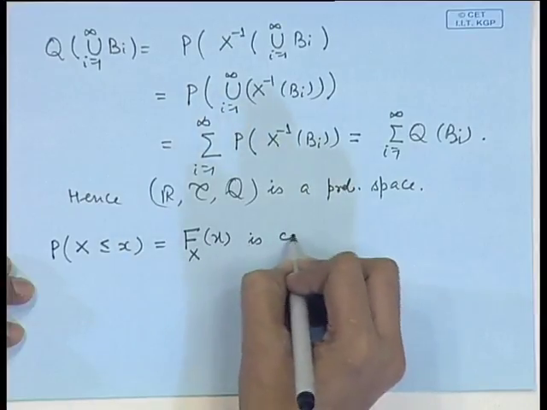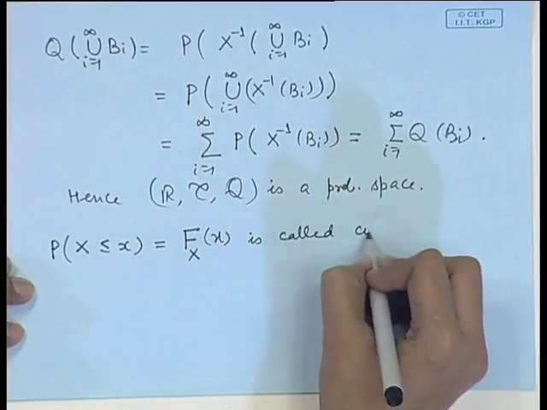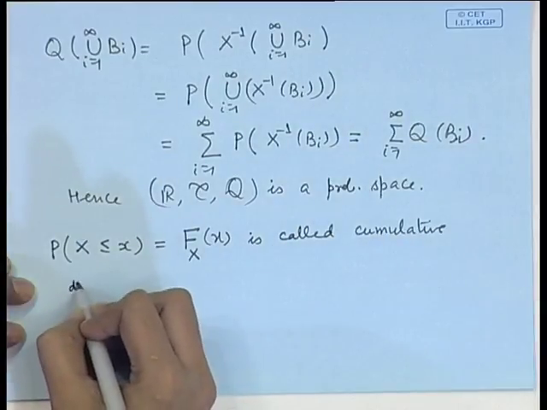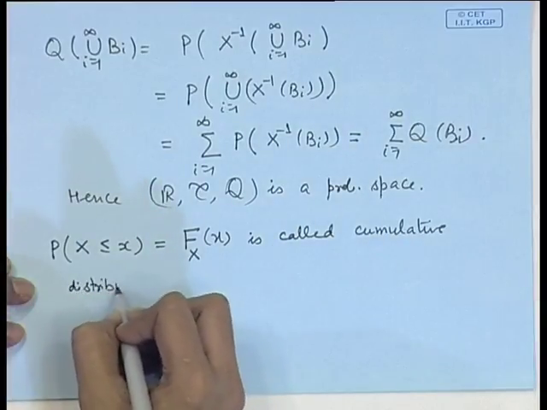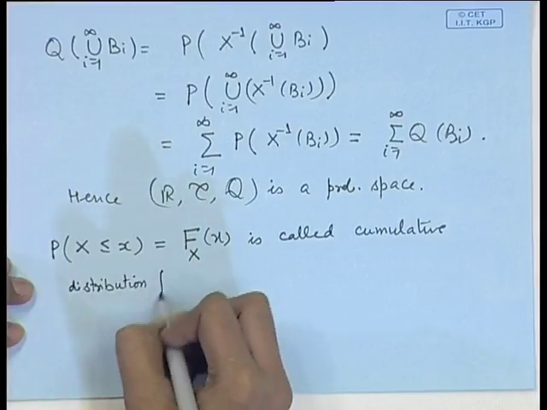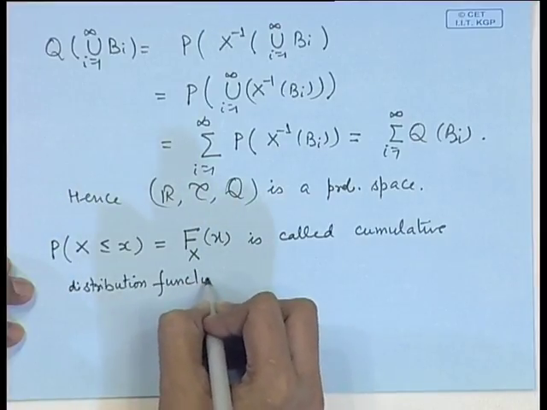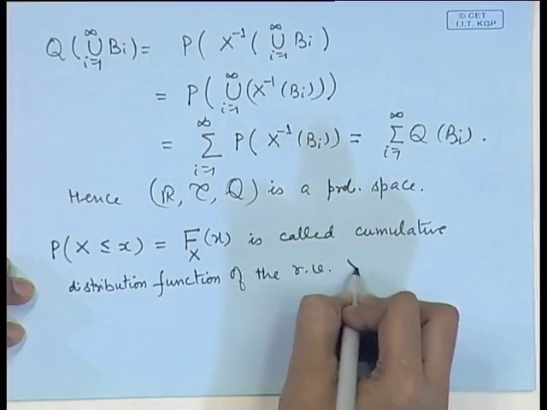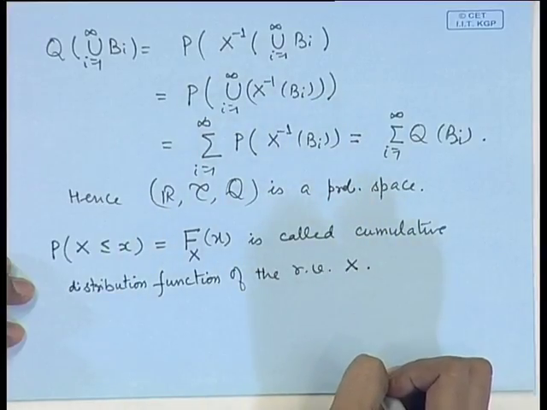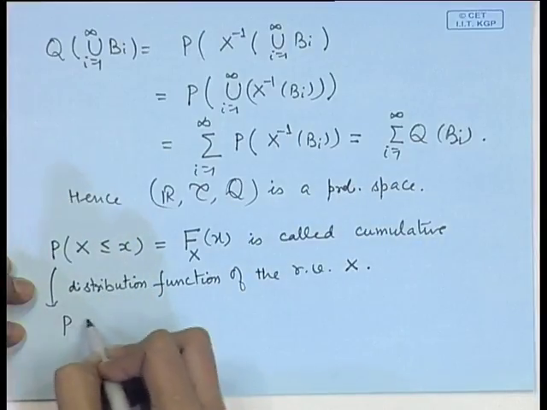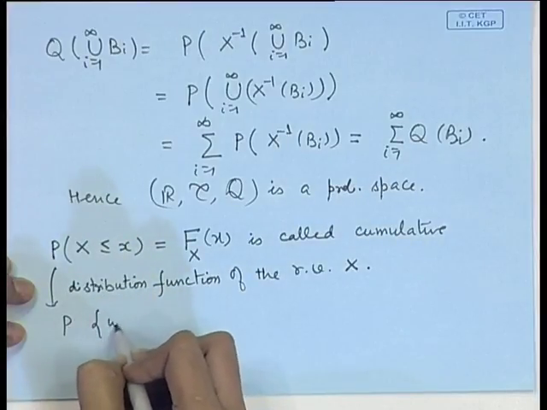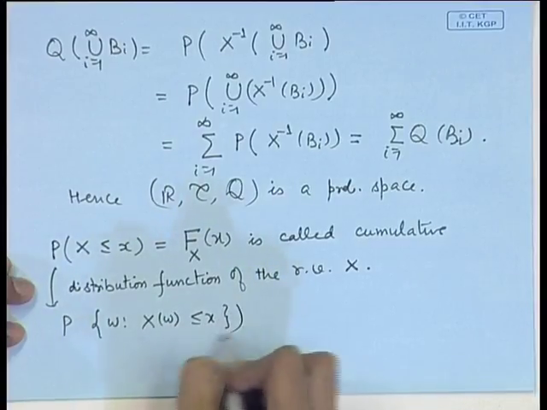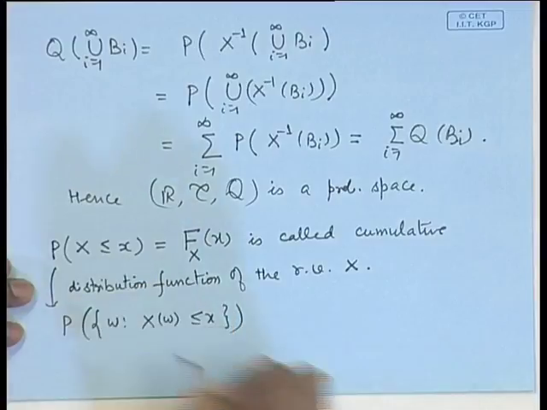This is called the cumulative distribution function of the random variable X. Basically, this is the probability of all the sample points such that X(omega) is less than or equal to x. This is an abbreviation we will be writing down like this.